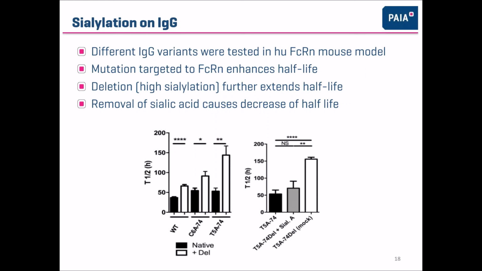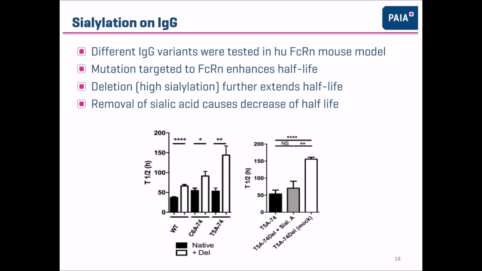So that's a very nice result here, and that could also show that if you remove the sialic acids from these products, you kind of fall back to the initial level. So this here is the product with the deletion from the cell line with a deletion. This is the sialidase A treated sample, and this is the product from the wild type.